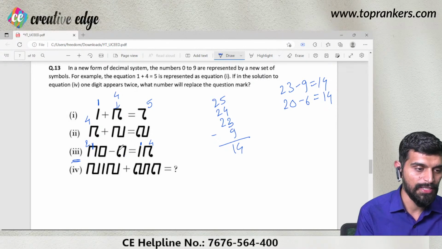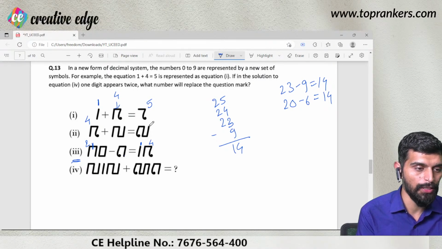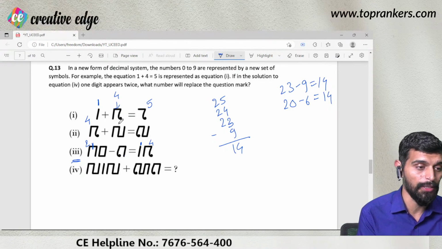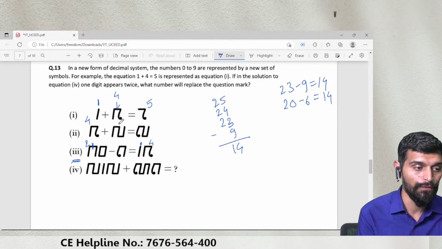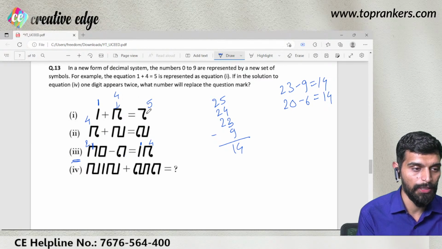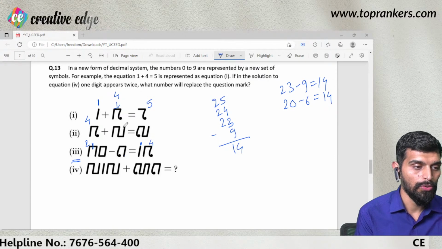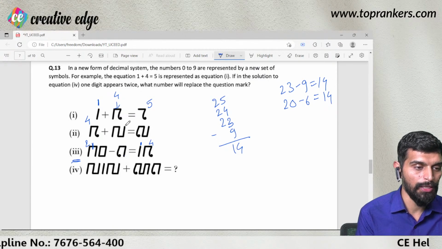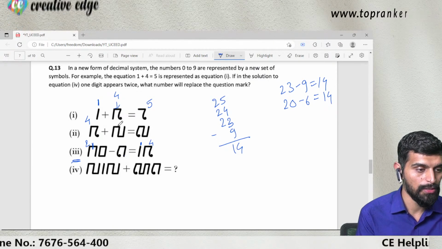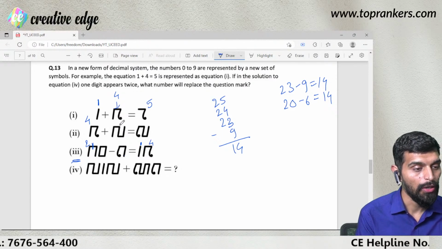So if this is 9, look here. I have 4 plus a certain number giving me a single digit number. This cannot be 5 because 5 is given by this particular manner, right? So what this could be is 4 plus 3, 7, or 4 plus 2, 6.